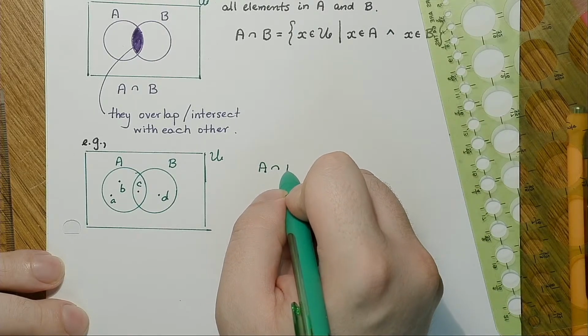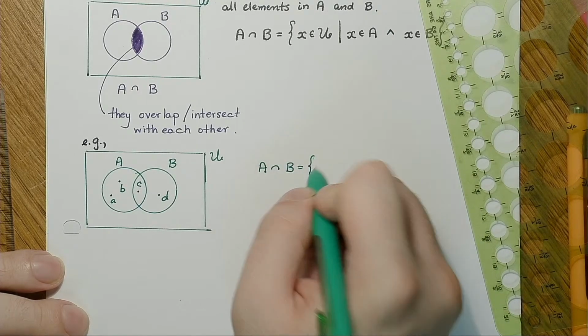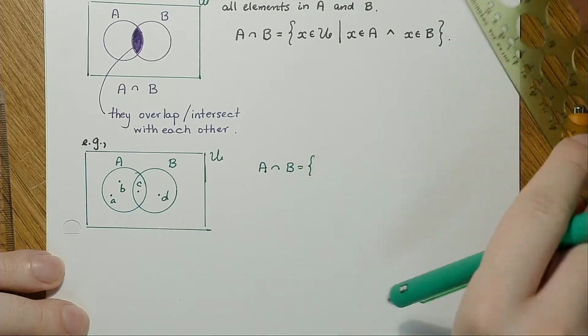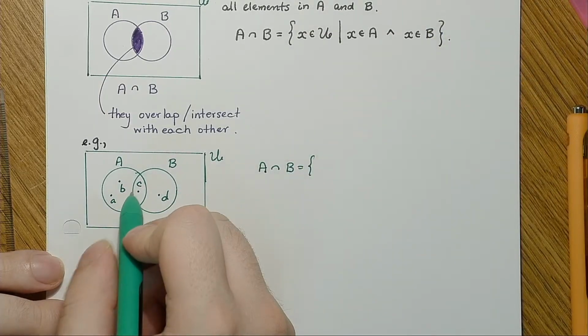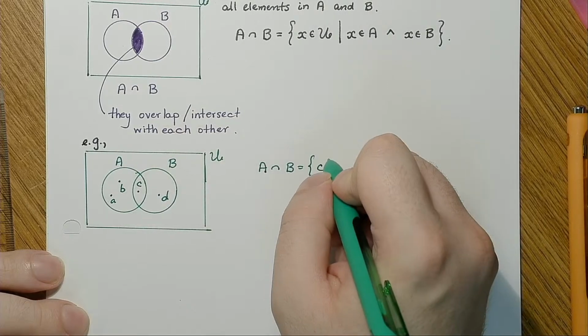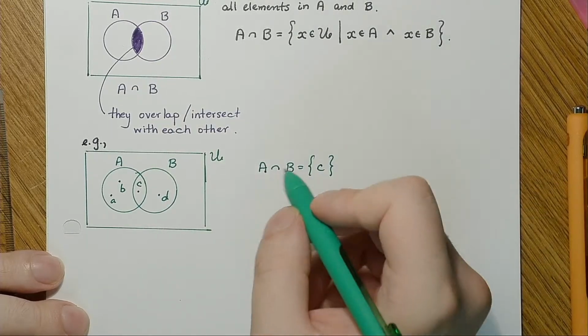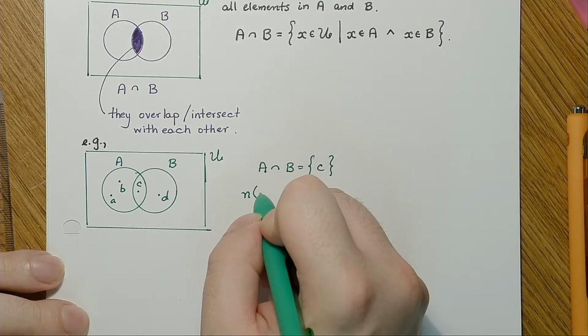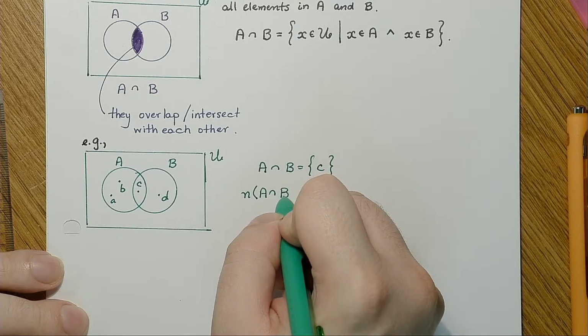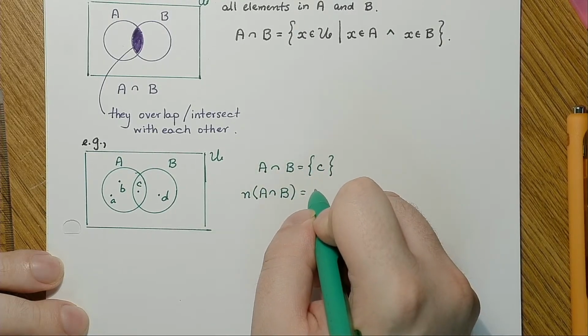A intersect B. We're just looking for those elements where it's both in A and B, and in this case, only C is. Which means that the number of elements in that intersection is 1.